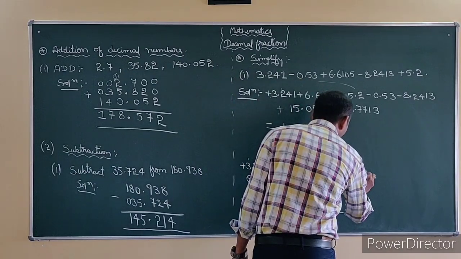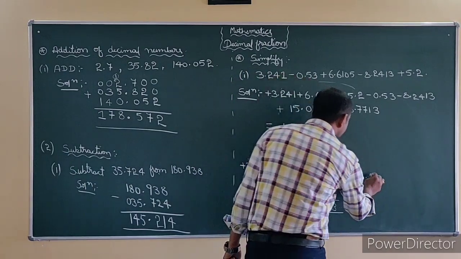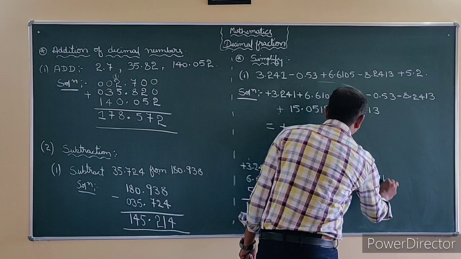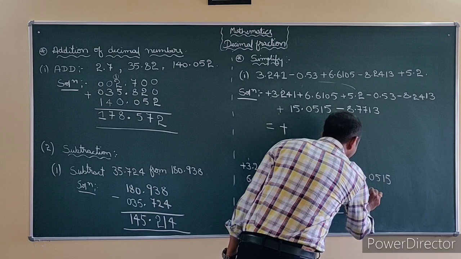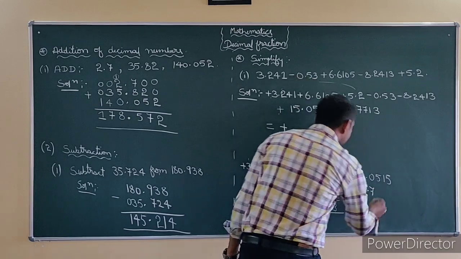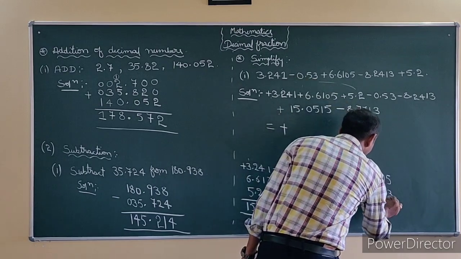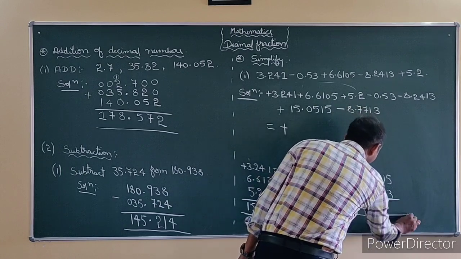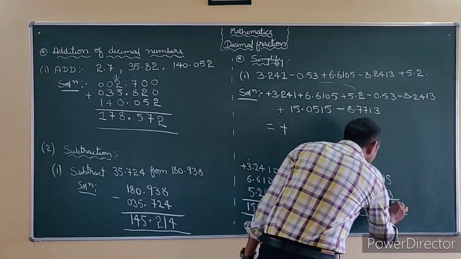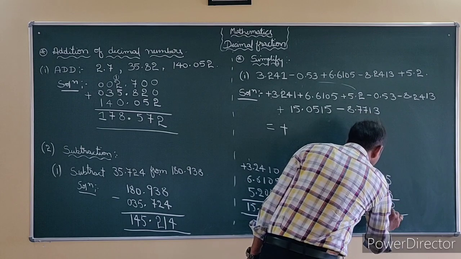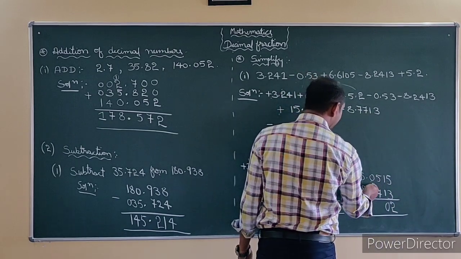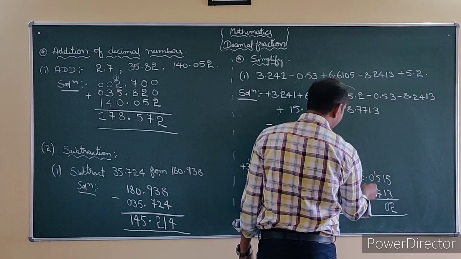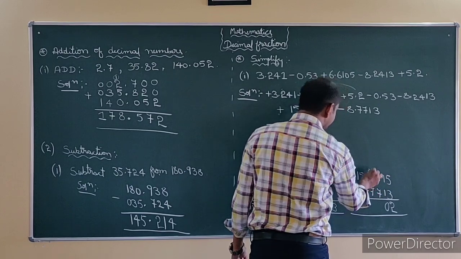So we have 15.0515 minus 8.7713. So in 5, 3 goes, 2. In 1, 1 goes, 0. So we have 0 here, and if you borrow from here, you will get 10, and this becomes 9.